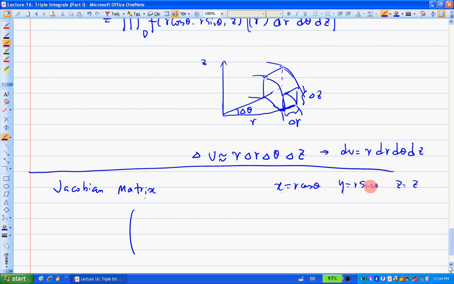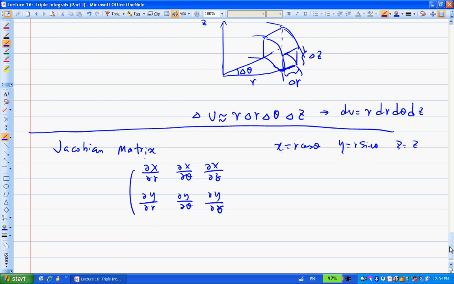Then we can form our Jacobian matrix, which is dx over dr, dx over d theta, dx over dz. Is that the same way as you have in your numerical analysis? Yeah, good. Then dz over d theta, dz over dr.